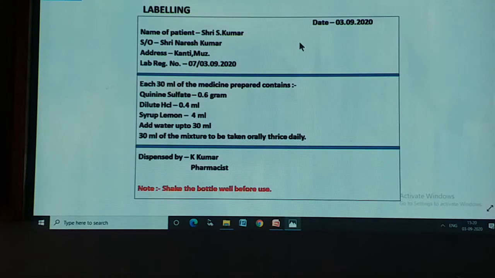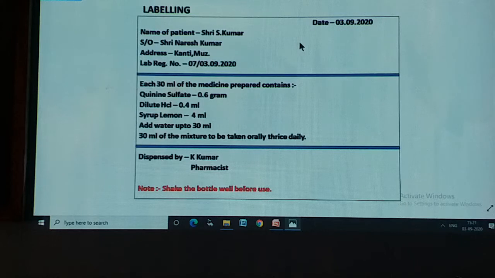And lastly, dispensed by K. Kumar, pharmacist. But here in the lab, you all have to write your own name and roll number.